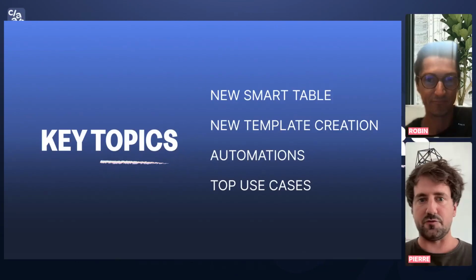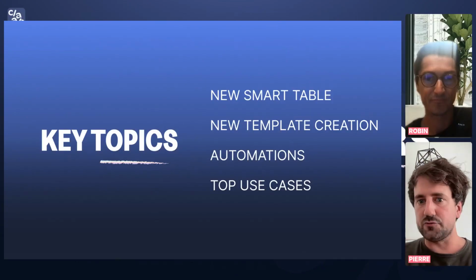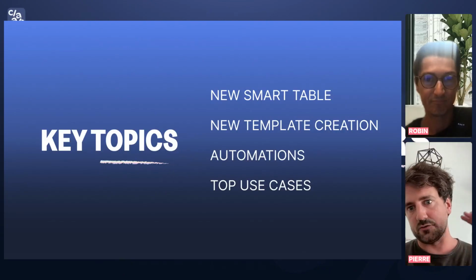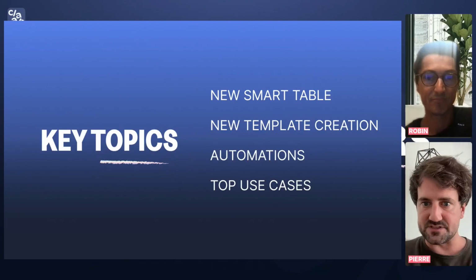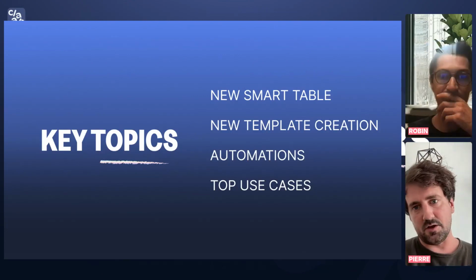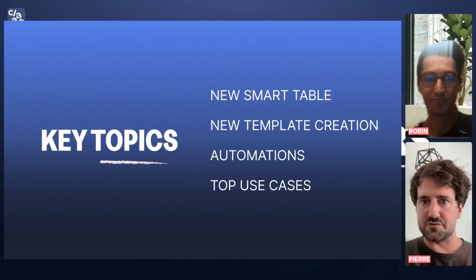So you have an idea of what we are going to cover today, a few topics around this feature. First, for people that are not familiar with it yet, I'm going to do a quick demo of the feature, why we created it, and how it works. Then we are going to cover with Robin the template creation process.